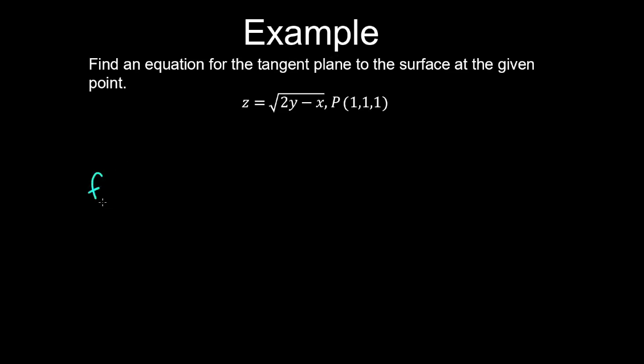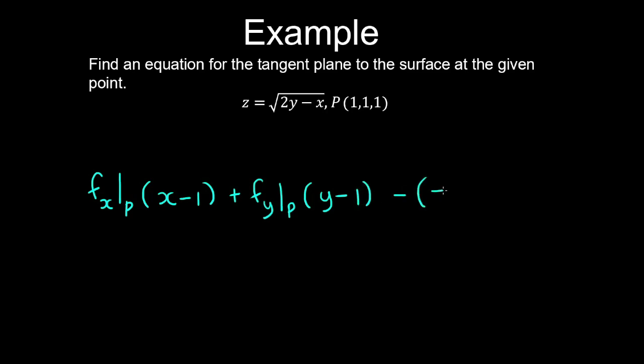So we have the partial of f with respect to x evaluated at point P times x minus the x coordinate of point P plus the partial with respect to y at point P times y minus the y coordinate of P, and minus z minus the z coordinate of point P, and that's equal to 0.